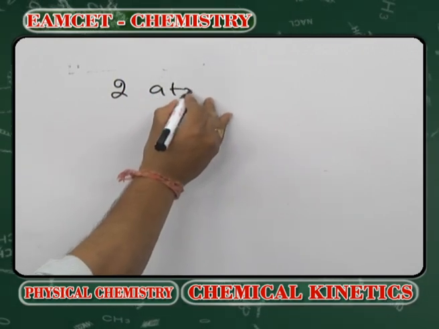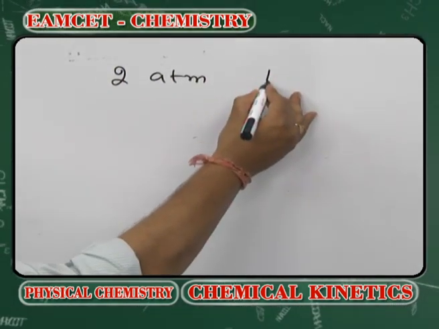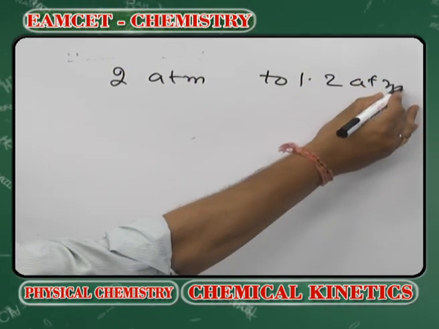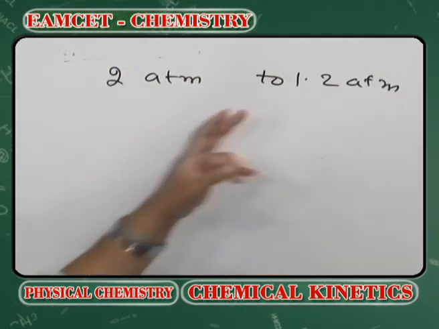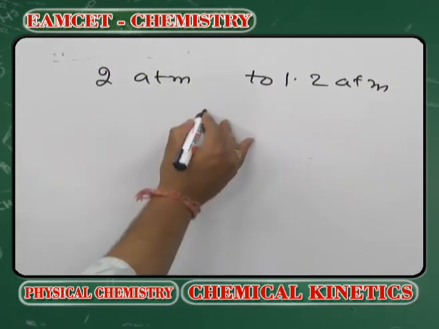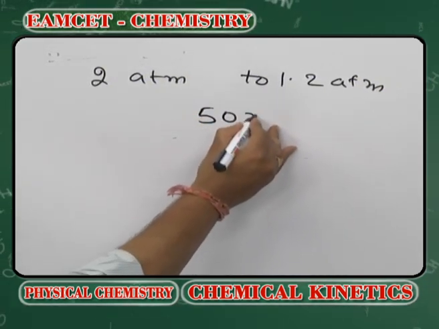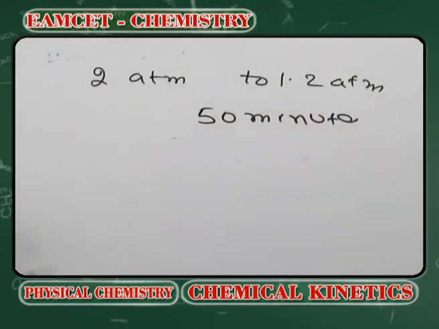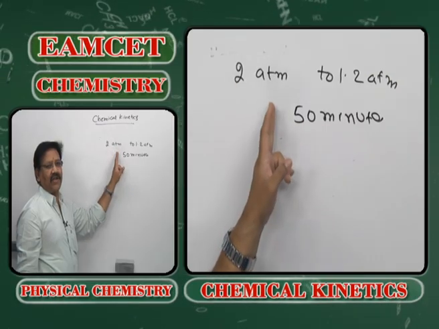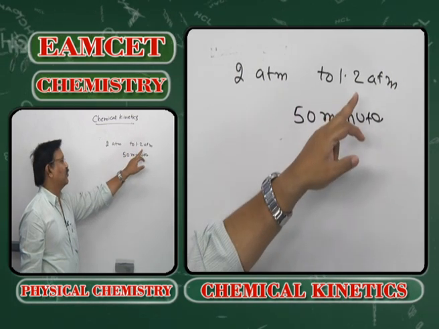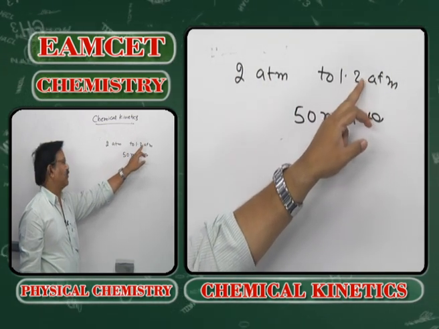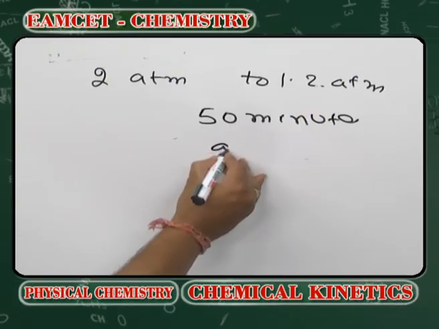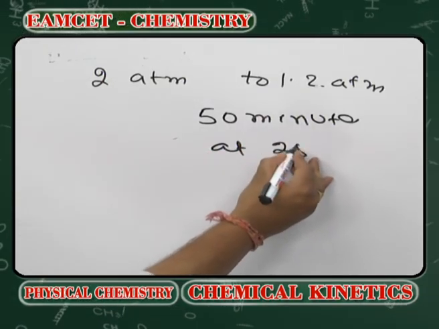In a hydrogenation reaction, the pressure of the hydrogen drops from 2 atmospheres to 1.2 atmospheres in 50 minutes at a temperature of 25 degrees centigrade.